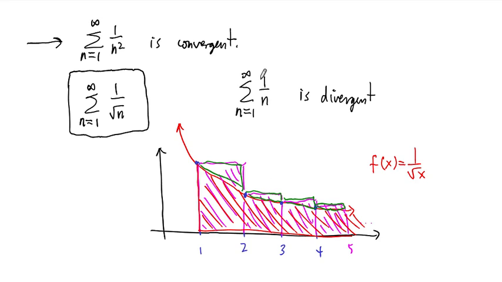Okay, and these two comparisons are very useful, but they both take into account that the function, in both cases, is positive and decreasing. It's always above the x-axis. We're never going below the x-axis.